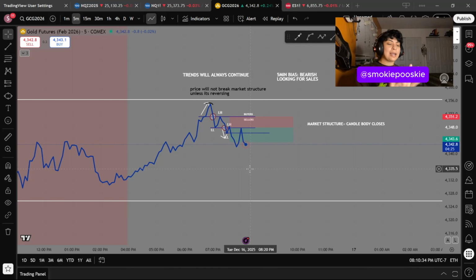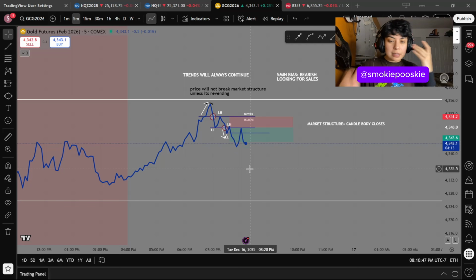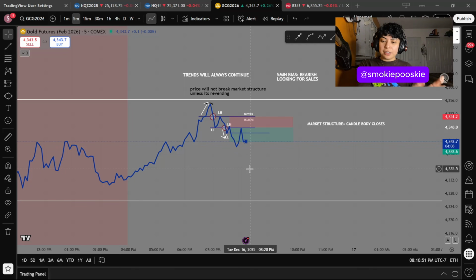Not, oh my God, this trade got me $500, or that one made me $700, or that one was a 3R. I'm like, but how much did you lose to get there? How many trades did you do before to get to that 3R?